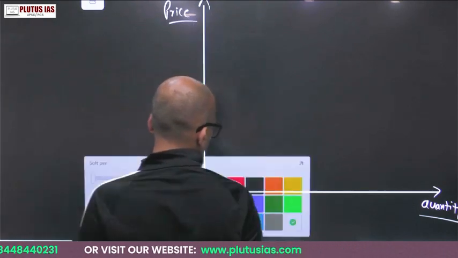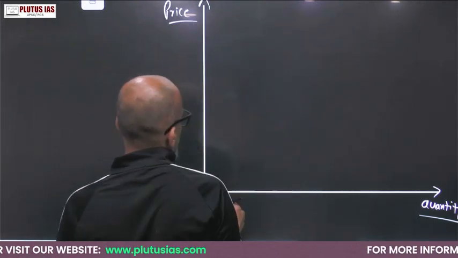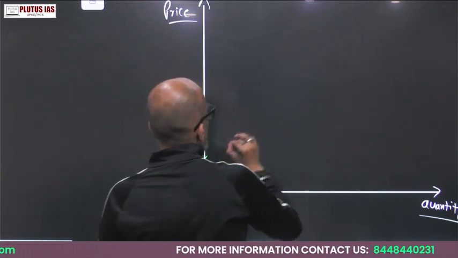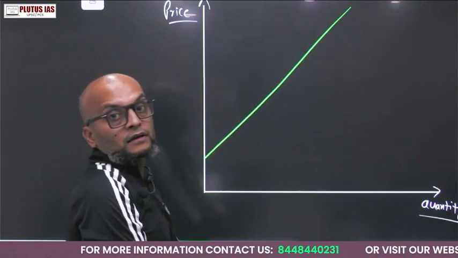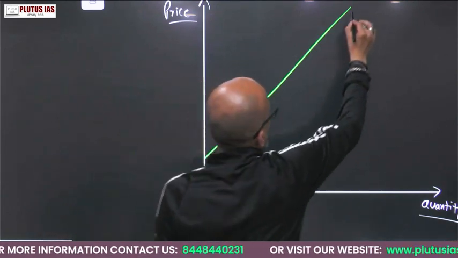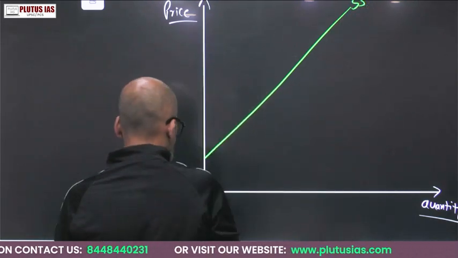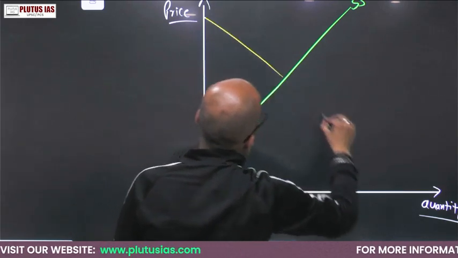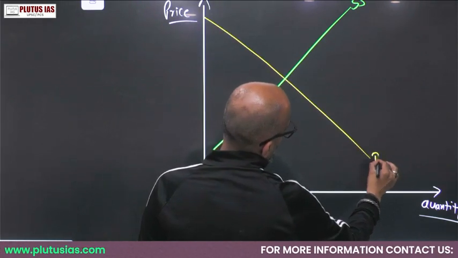Now, if I draw simple supply curve, it is upward sloping, yes or no? Upward portion of MC curve, right? This is your supply curve. And let's say this is our demand curve. I am representing it by DD.